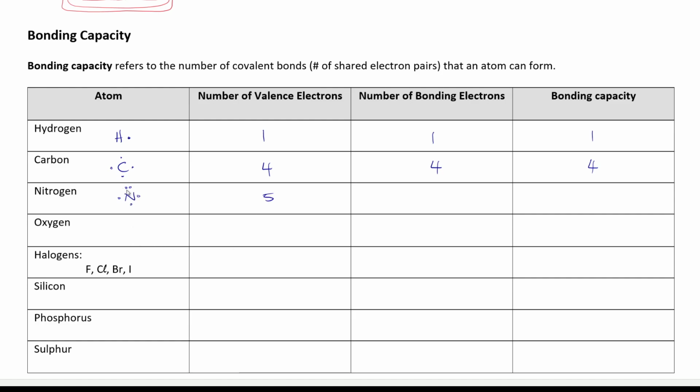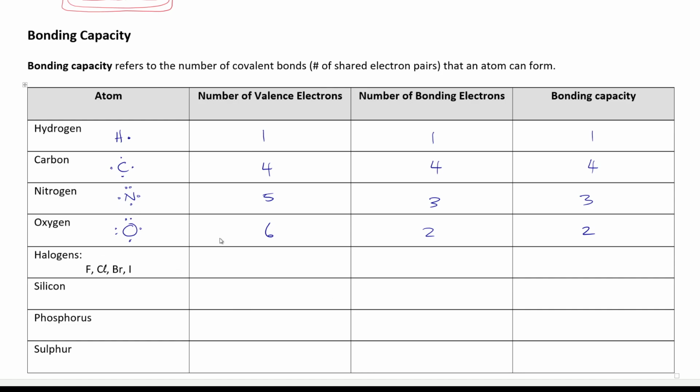However, it has a lone pair right here, so we only have 3 bonding electrons and a bonding capacity of 3. Oxygen has 2 bonding electrons, but it has a total of 6 valence electrons. So oxygen's bonding capacity is 2.